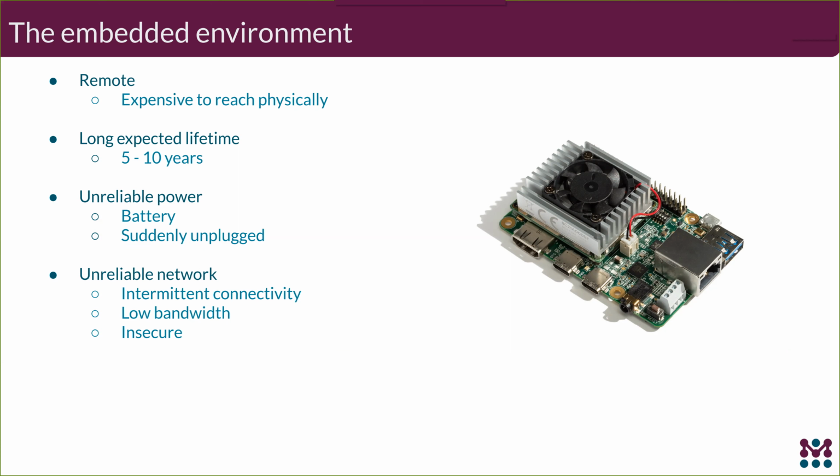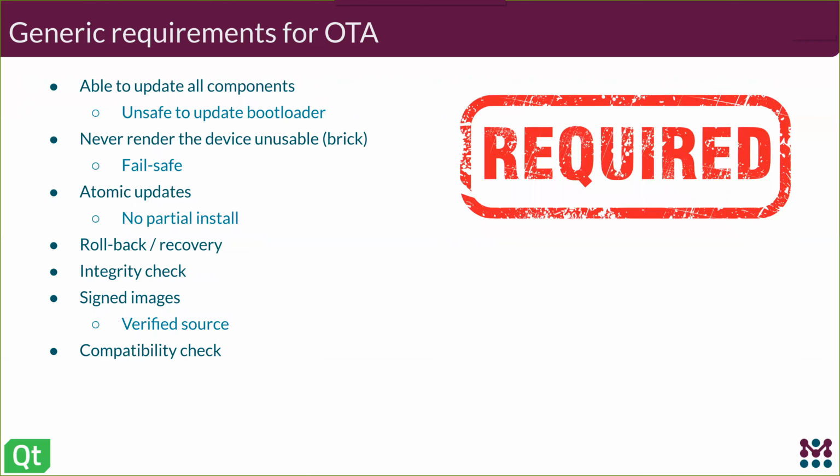Knowing these key factors of the embedded environment, if you take a look at a generic requirement list to be able to do over-the-air updates for such devices, you would want to be able to update all the components of the system. If it's an embedded Linux system, you want to update your application, the Linux kernel, and all the low-level system components that are built into your device.